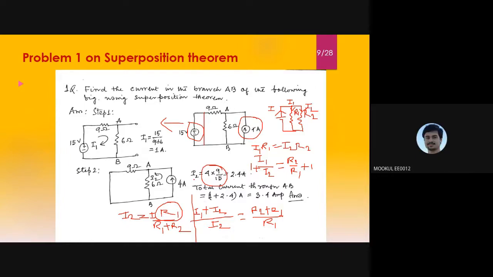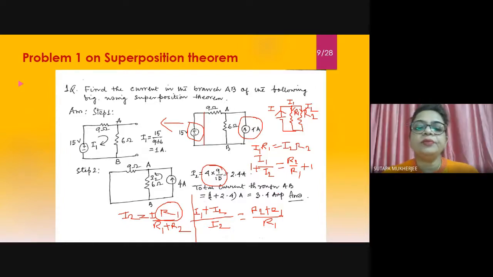Then the total current through AB is 1 plus 2.4, that is 3.4 ampere. You can tell me why I am using the superposition theorem. I could also apply KVL or KCL here. You can use two loops, use KVL, get I1 and I2 and add them.